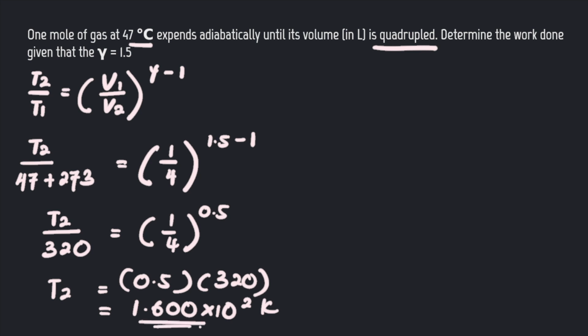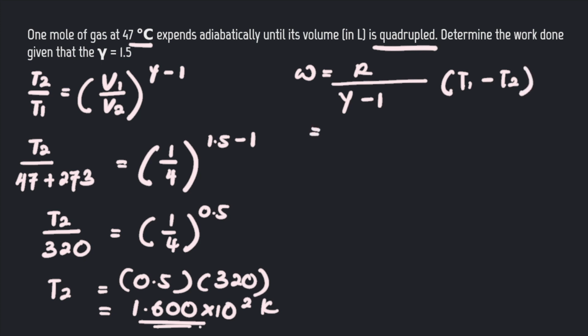Right. So from here, then only you can calculate your W, which is work, equivalent to R, which is the gas constant, over gamma minus 1, times T1 minus T2.